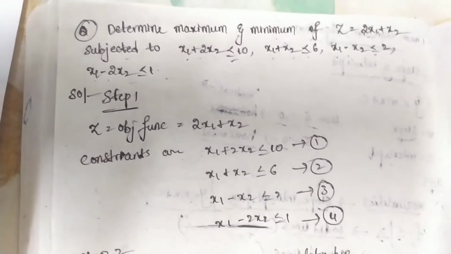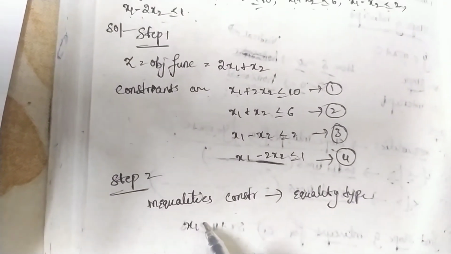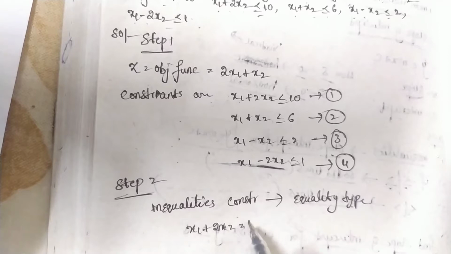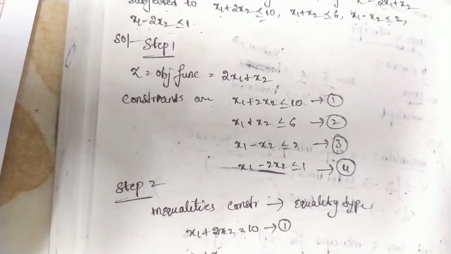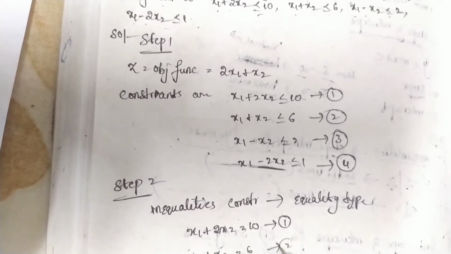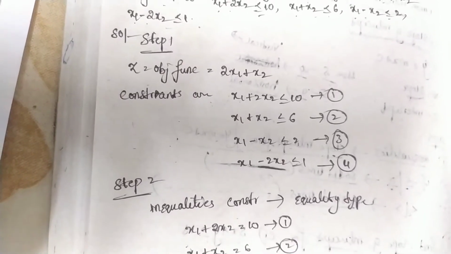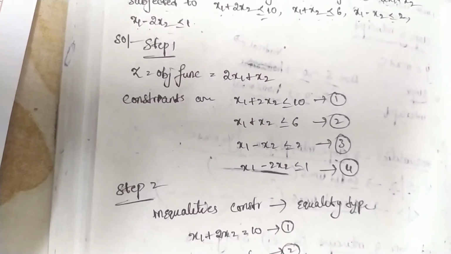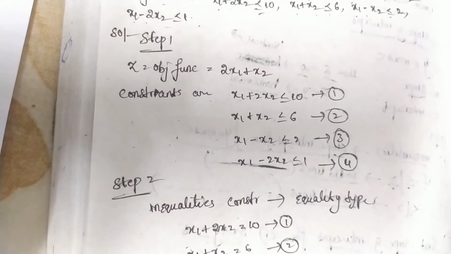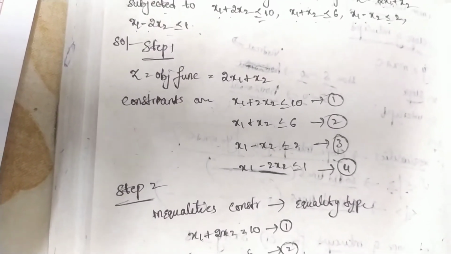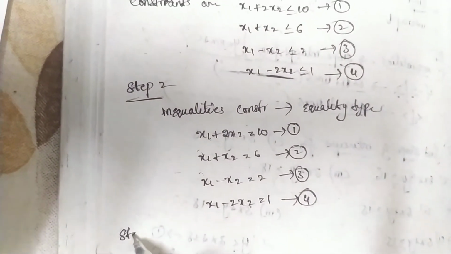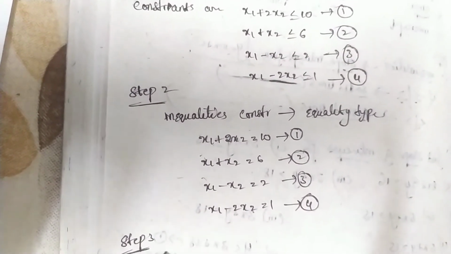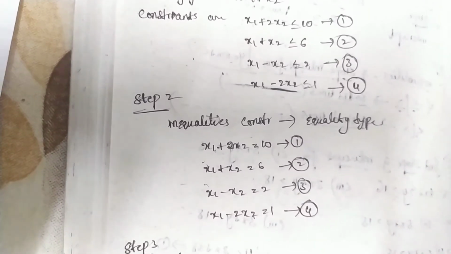It is like this: x1 plus 2x2 equals 10, equation 1; x1 plus x2 equals 6, equation 2; x1 minus x2 equals 2, equation 3; x1 minus 2x2 equals 1, equation 4. This is the second step. In the third step, we have to obtain the extreme points.